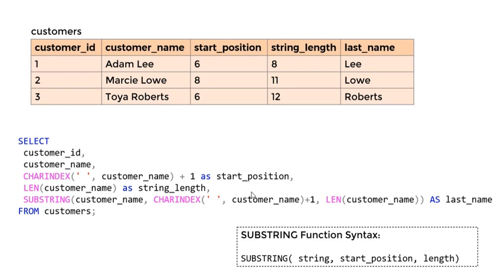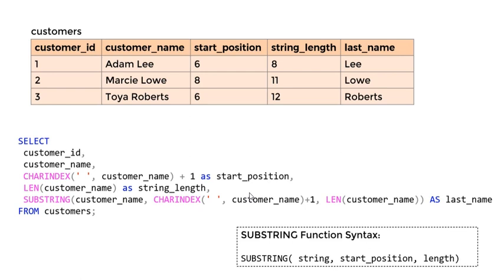By getting CHARINDEX plus 1 we get the starting position of the last name. Length of the string: how many characters? Adam space Lee, 8 characters.